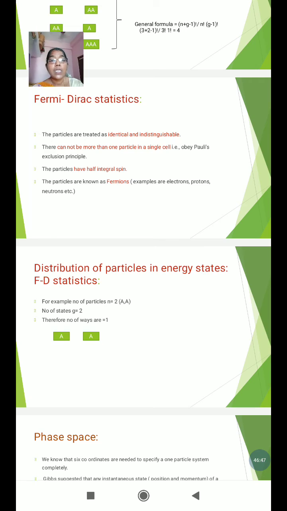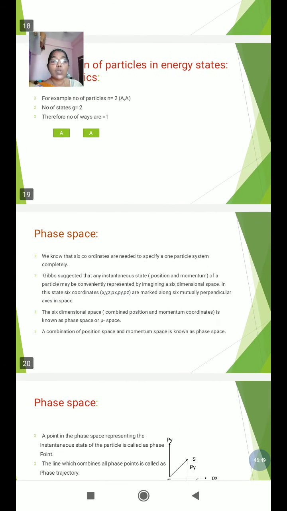Okay. So next one is Phase space. This is one important concept in statistical mechanics. Already I told that in Newtonian mechanics or classical mechanics, if you want to know about the motion of a body, we have to use a coordinate system.